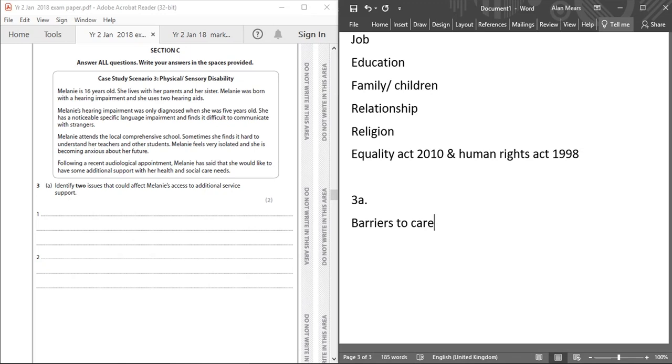So what barriers have we got that we can see from the case study? Melanie's 16, so her age could be a barrier, whether she needs parental guidance or consent to seek treatment. Her hearing loss, so because she is deaf or hearing impaired, she has a barrier there. It mentions communication difficulties, that creates a barrier.